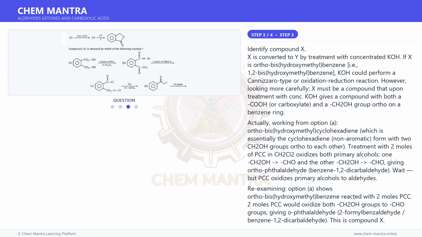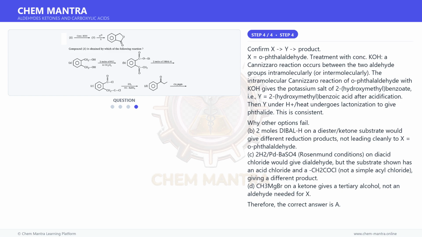Re-examining option A shows ortho-bis(hydroxymethyl)benzene reacted with 2 moles PCC. 2 moles PCC would oxidize both CH2OH groups to CHO groups, giving phthalaldehyde, 2-formylbenzaldehyde, benzene-1,2-dicarbaldehyde. This is compound X.